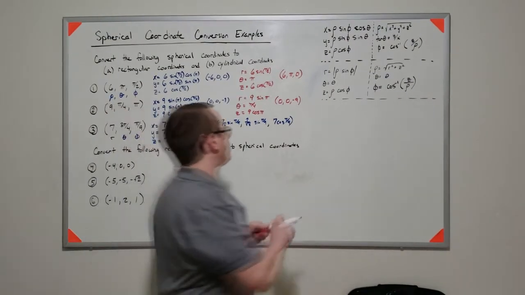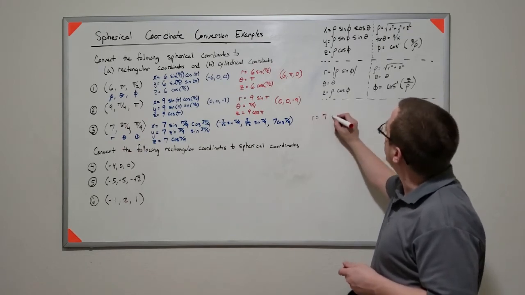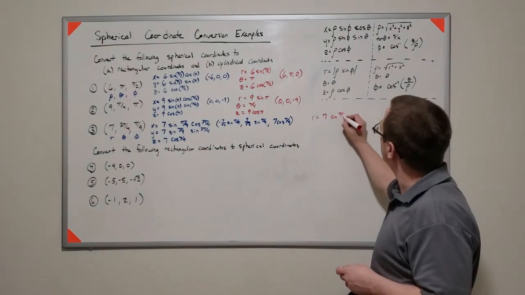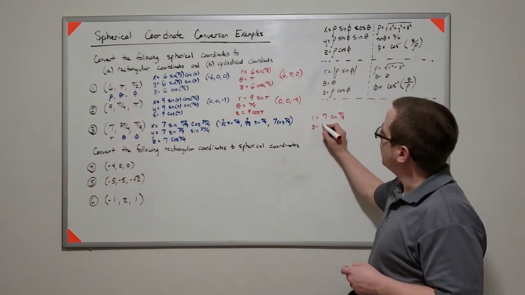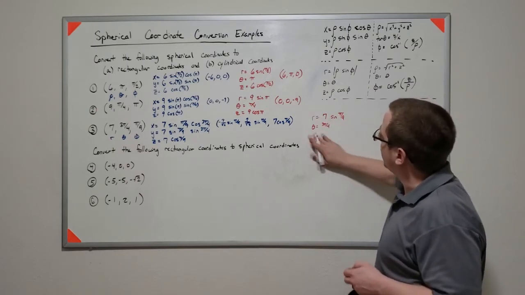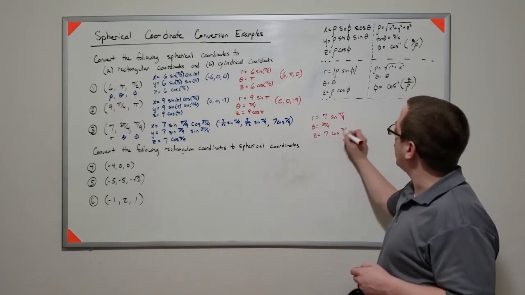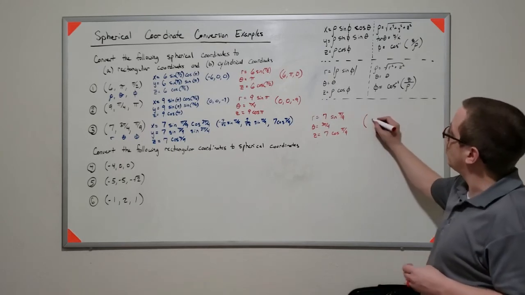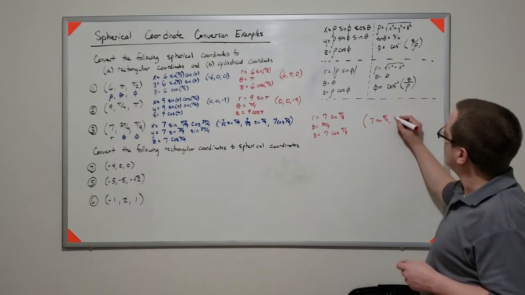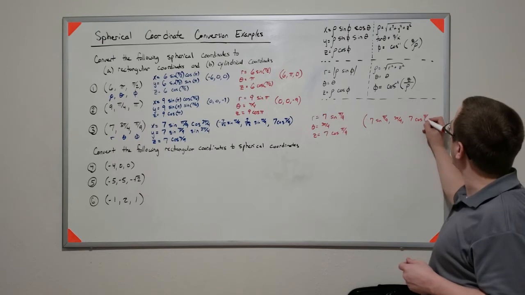So converting that to cylindrical coordinates, we want to do r is 7 sine of pi over 9. Theta is 3 pi over 4. And z will be the same, 7 cosine pi over 9, which gets us a coordinate of 7 sine pi over 9, 3 pi over 4, 7 cosine pi over 9.